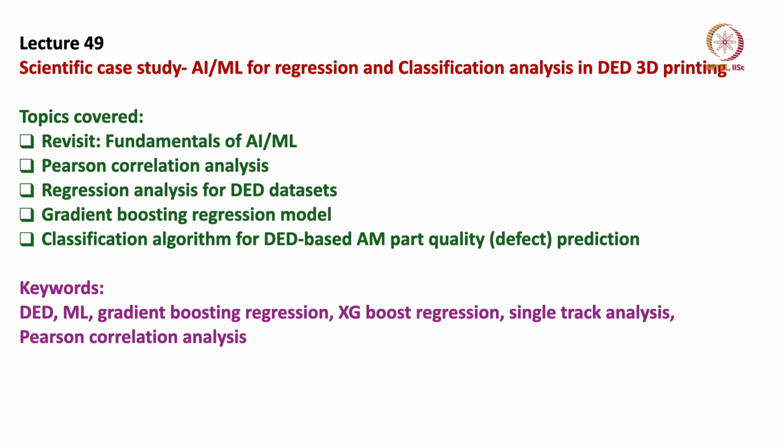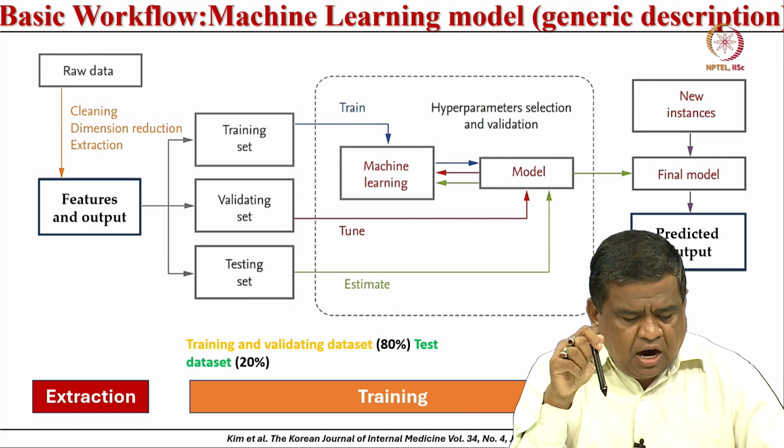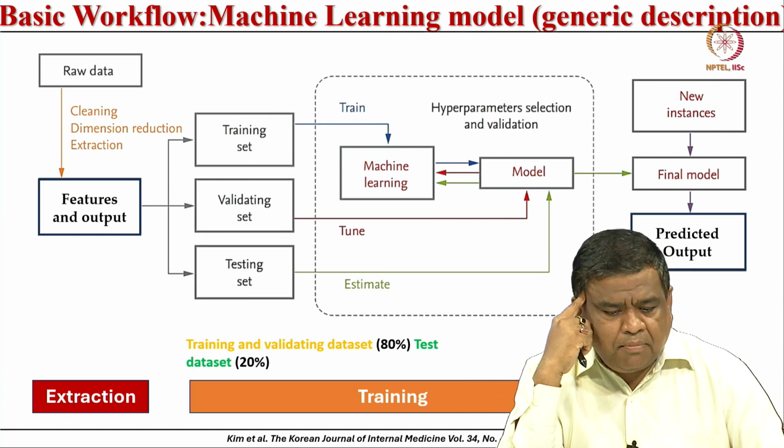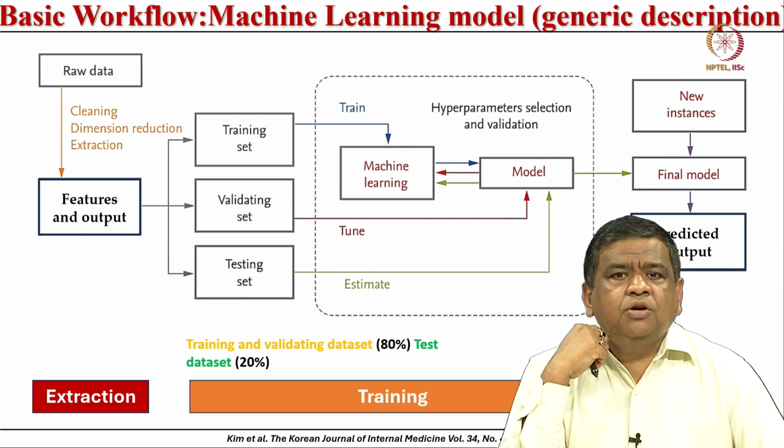So, some of the fundamentals that we learned from the AI ML approaches, this is the basic workflow. Let us recapitulate what we learned, because these are the things many material scientists or people in the bioengineering discipline are still not using.